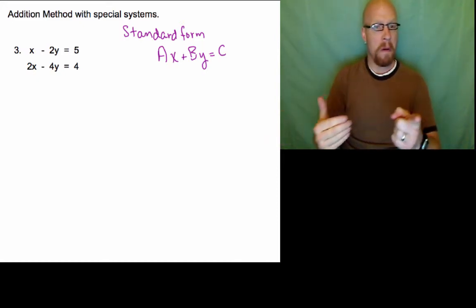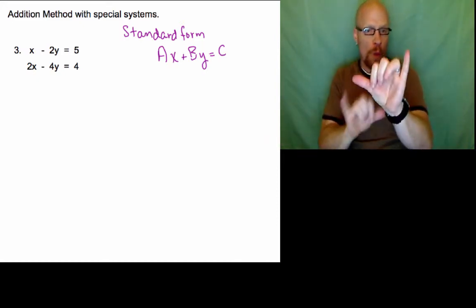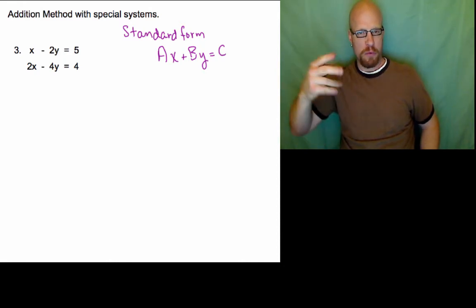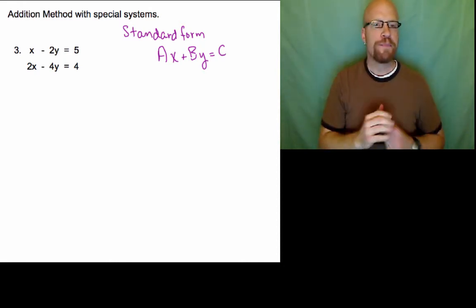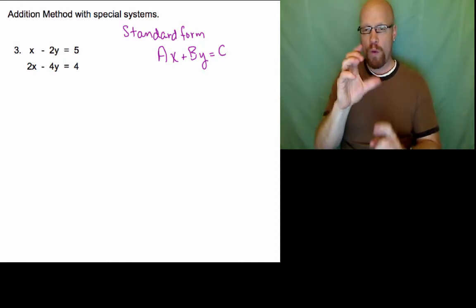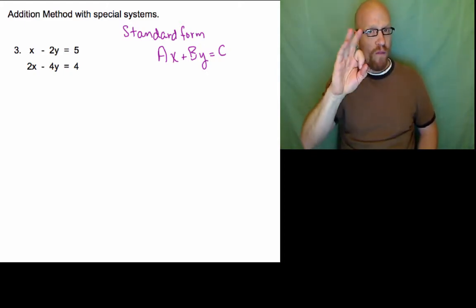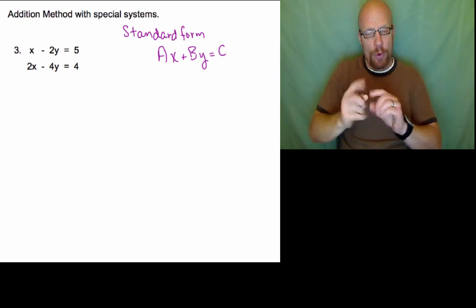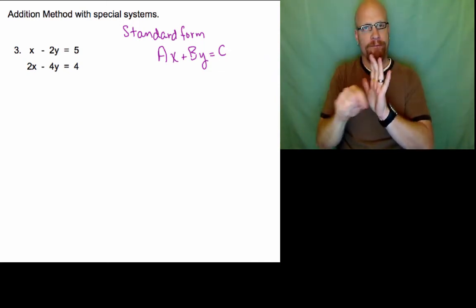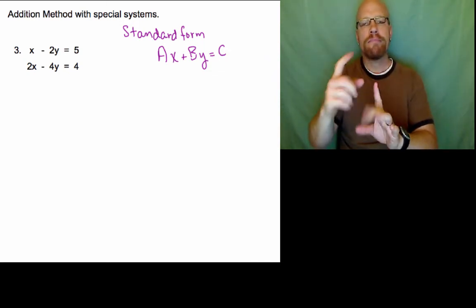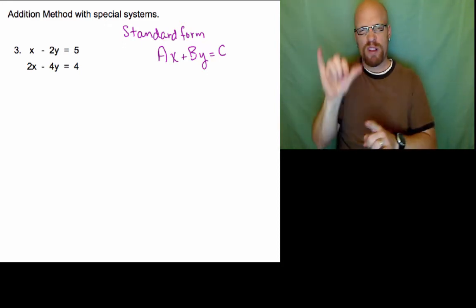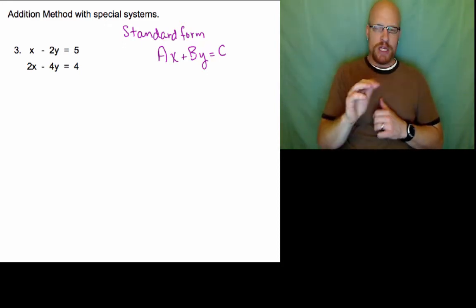Then we have our constant c. We already have the equations here in standard form. We have our x terms, y terms, and constants over there. So the goal is to have the coefficients of y or x to be the same number but with opposite signs. You may want a positive 2 then a negative 2 or something like that.